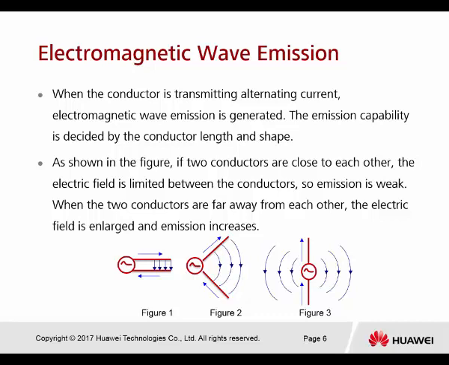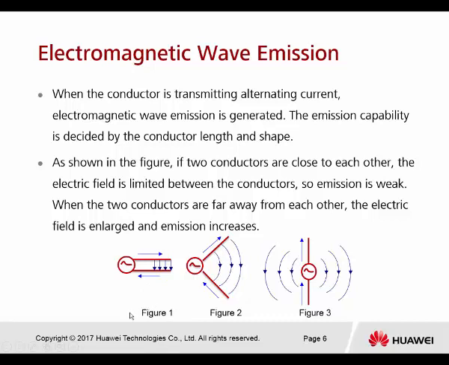So this one is based on the conductor. When the conductor is transmitting alternating current, electromagnetic wave emission is generated. The emission capability is decided by the conductor length and shape. Here we give 3 different figures.